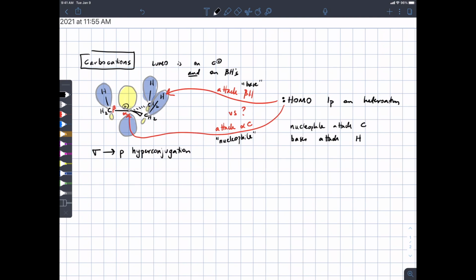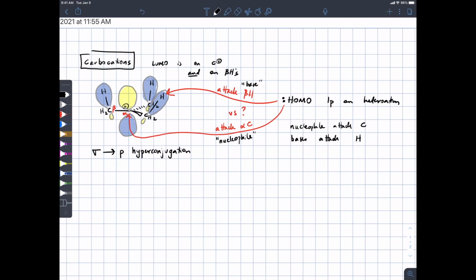All right, and this will be an issue for us from this point on for every carbocationic intermediate or every alkyl halide. Is the particular molecule I'm using going to be a nucleophile, a base, or both? And we're going to see that there are molecules that fall nicely into both categories, so they could do both. They could either attack at carbon or the beta proton, and then there are other molecules that will only do one versus the other.